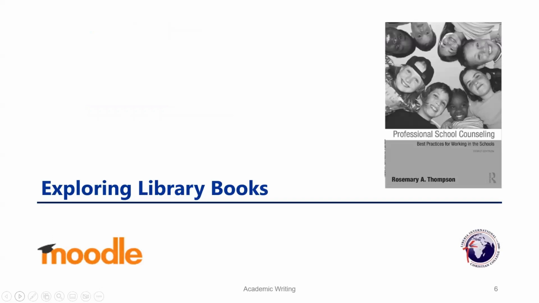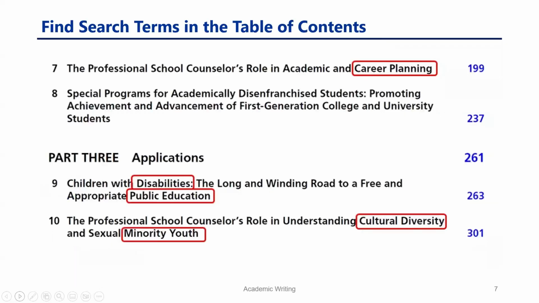Let's start by exploring books that we find in a library. One of the places that you can find search terms is in a book's table of contents. The table of contents is usually at the front of the book, and it has the titles of the chapters and sections in the book, along with the page number where they start.